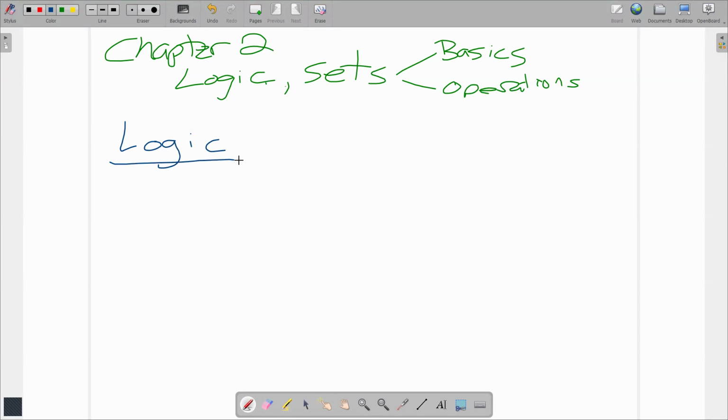So mostly what we're going to do in logic here is deductive reasoning. Back in chapter 1, when we were playing with patterns, there was a section called inductive reasoning, which we've already looked at. Deductive reasoning is taking some general information and getting specific conclusions.